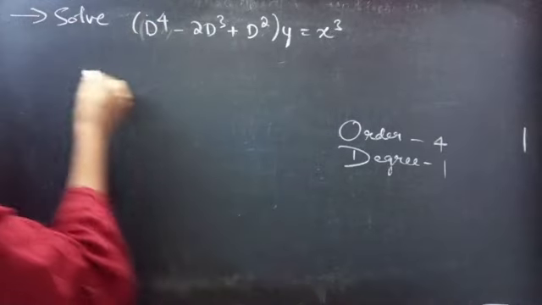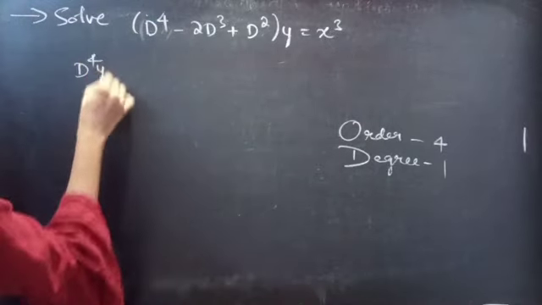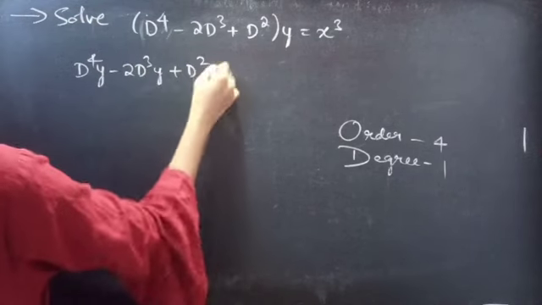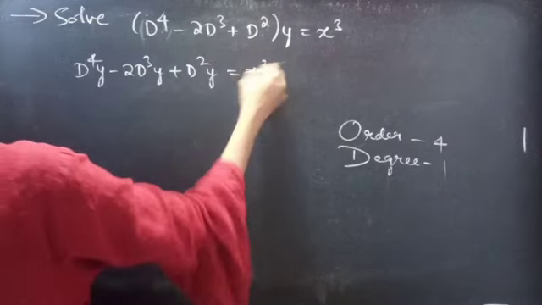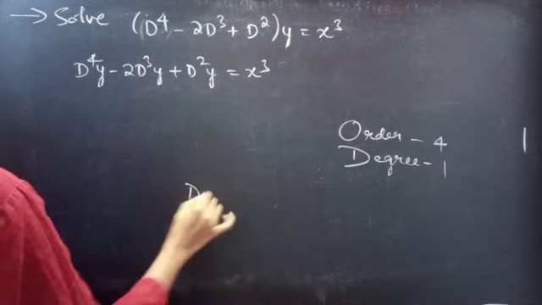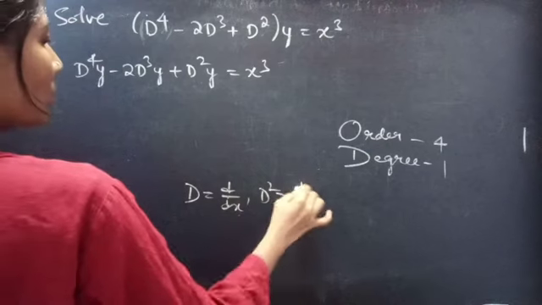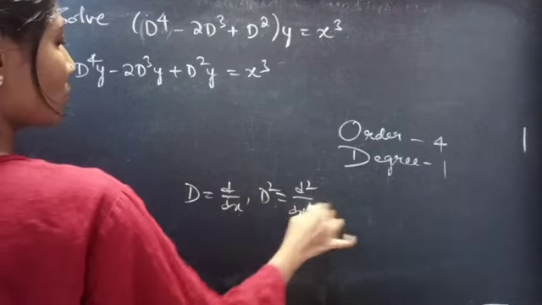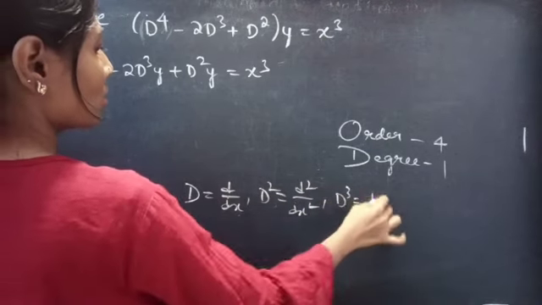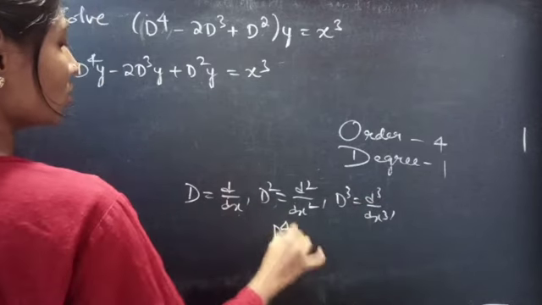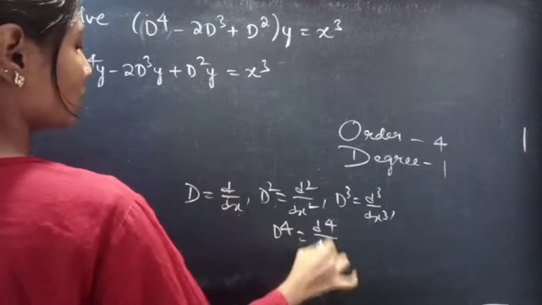Or just write the given differential equation as D^4 y - 2D^3 y + D^2 y = x^3. We know that D is a differential operator. Then D^2 will be d^2/dx^2, D^3 is d^3/dx^3, and D^4 is d^4/dx^4.